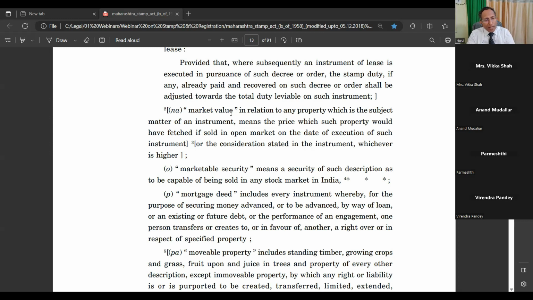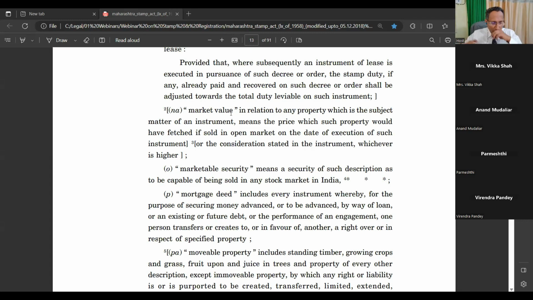Similarly, the buyer who has got the flat for 20 lakh less will also be considered to have a 20 lakh profit. You can just cross-verify this. I am not an expert on income tax, but just cross-verify this.